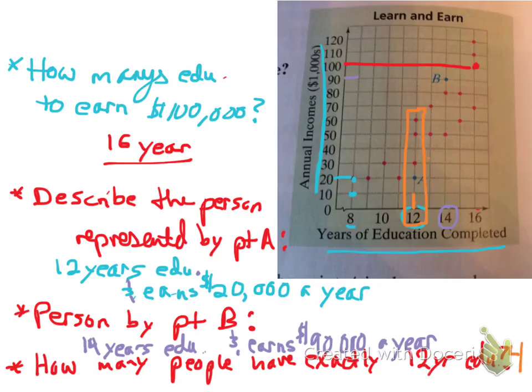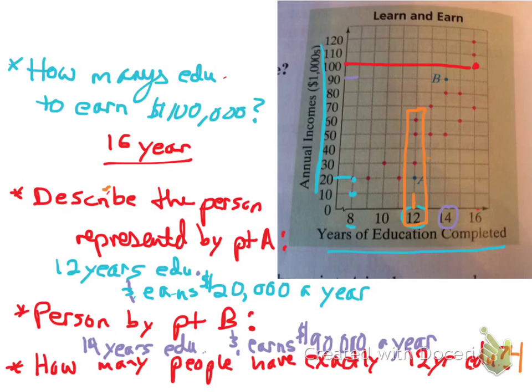There's 4 people there. Same with 16 years, there's 4 sets of data there. So you're able to tell certain things about individuals and about the trend for the overall data set.